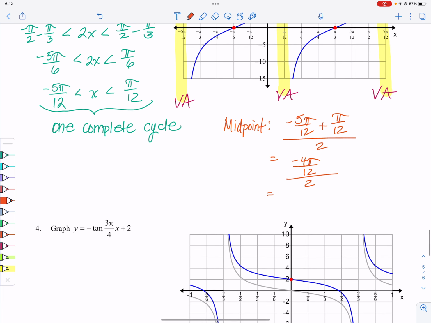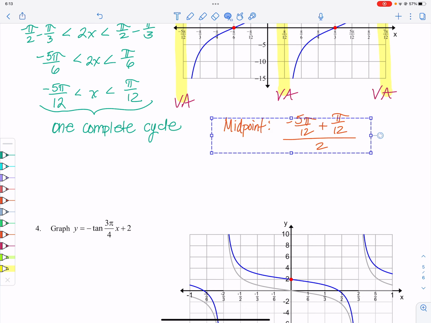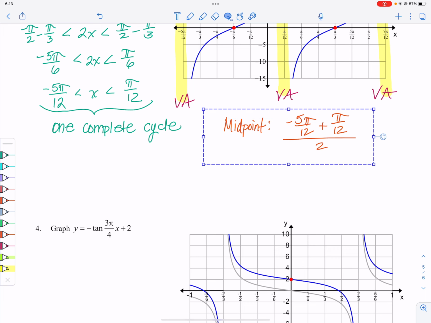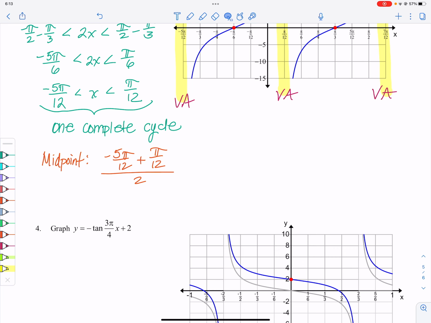And if you do that, we can multiply by a half. And so that is not written very good, is it? I'll try to write a little neater.